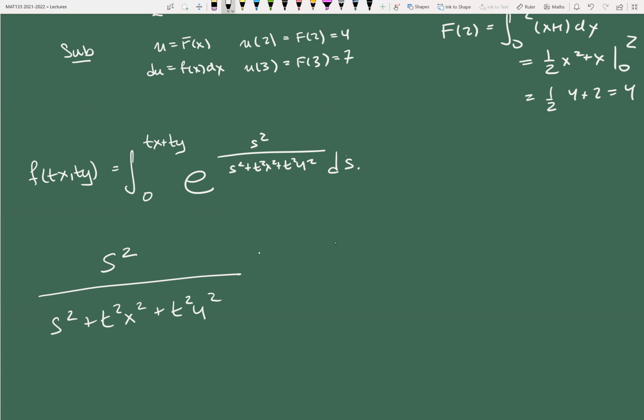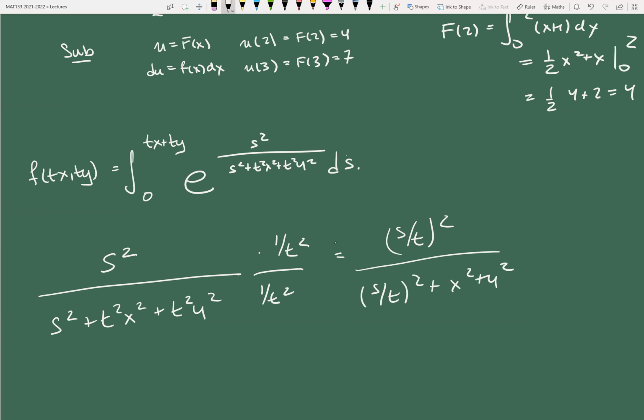What I'd suggest is you multiply by 1 over t squared. So this now gives you s over t squared divided by s over t squared plus x squared plus y squared. Okay, sure, that might help.